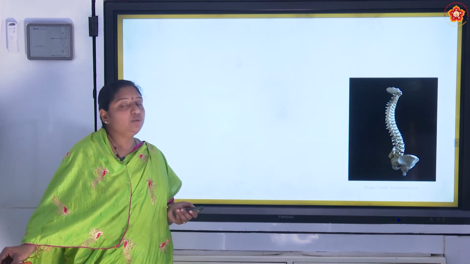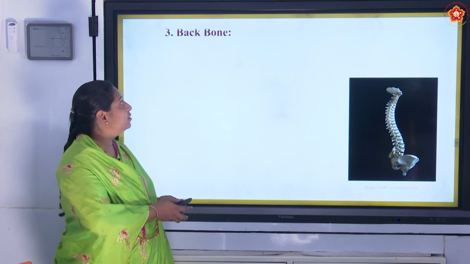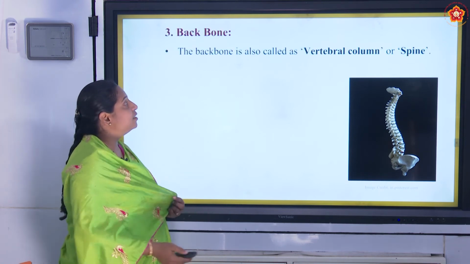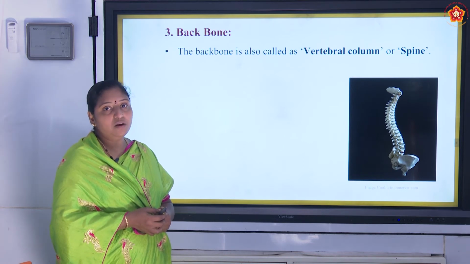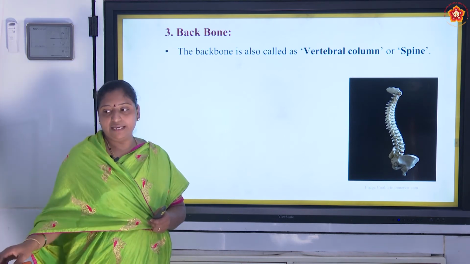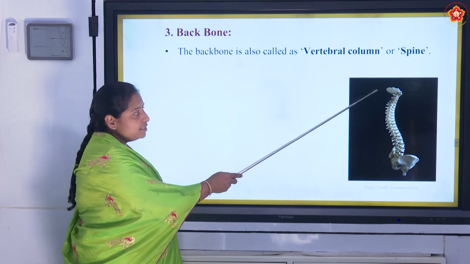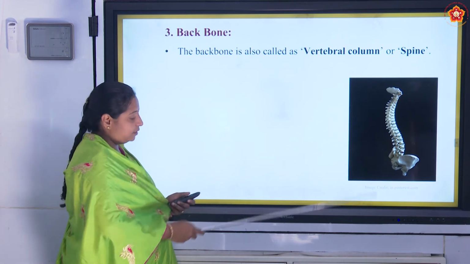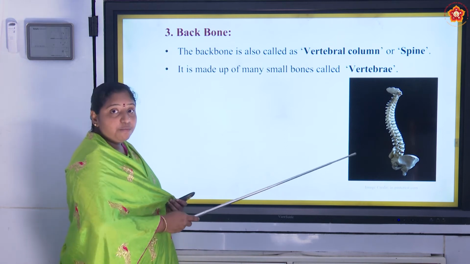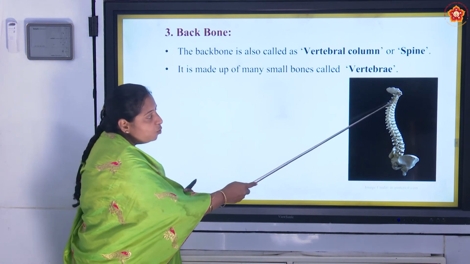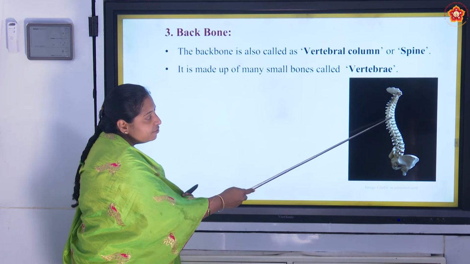Next we will move on to the backbone. The backbone is also called the vertebral column or spine. This is the vertebral column. It is made up of many small bones called vertebrae.